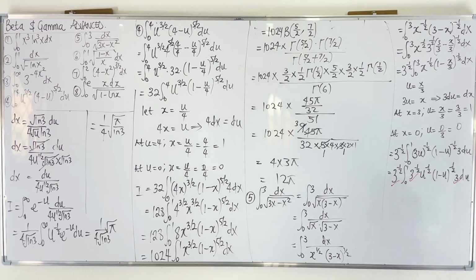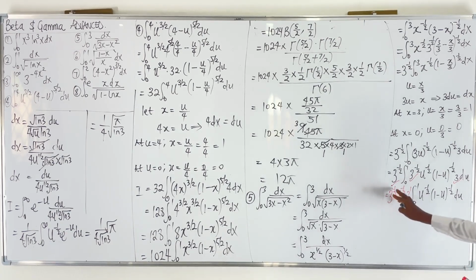So I want to bring all of them out: 3 to negative half, 3 to negative half, 3 to the power of 1. The one left is the integral from 0 to 1, u to negative half, 1 minus u to negative half du. That's what I'm going to be having.